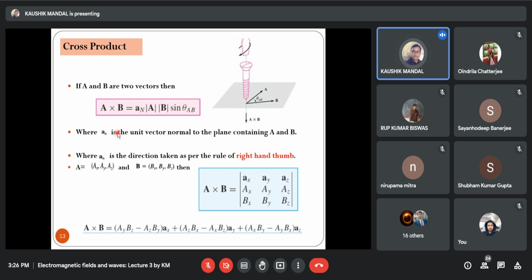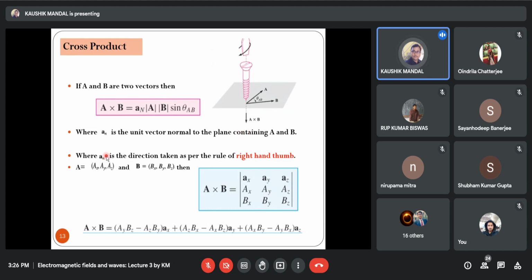This an is the unit vector that is normal to the plane containing A and B. Normal to the plane means this is the plane represented in shadow format, so the unit vector will be normal to this plane. That means the unit vector is along this direction.